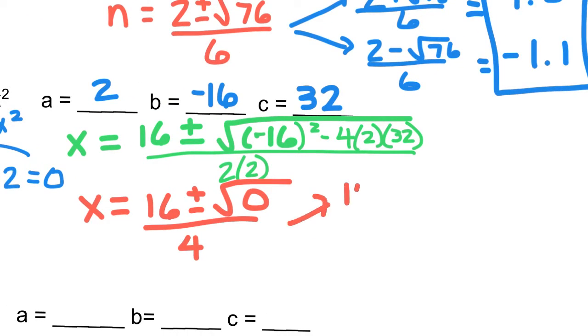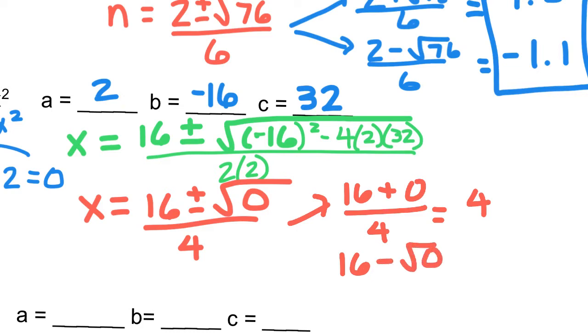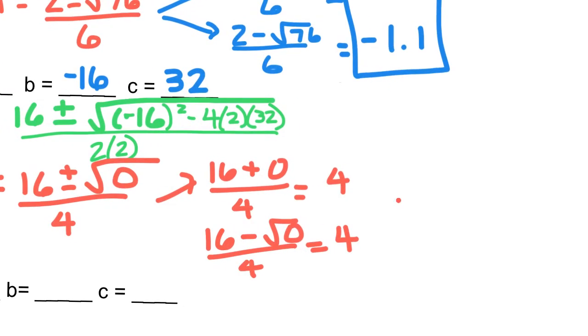Well, when we have 16 plus the square root of 0, which is equal to 0, divided by 4, the solution will be 4. And if we have 16 minus the square root of 0, which is 0, then the solution will be 4. This is one of the cases where we just have one solution to this quadratic equation.